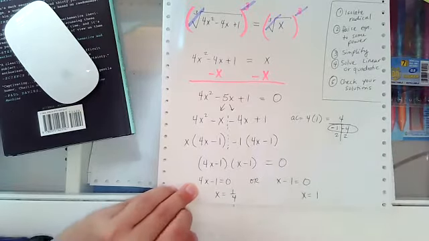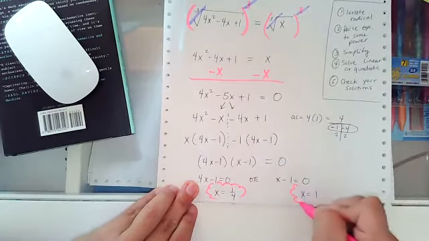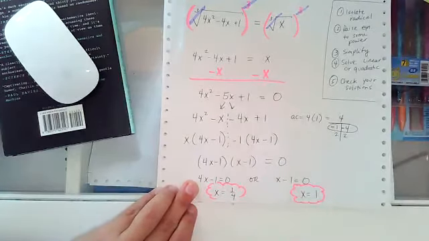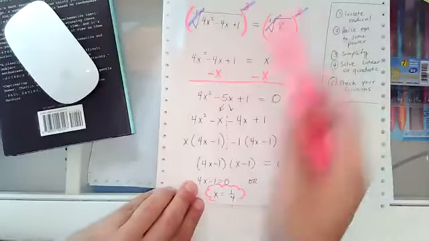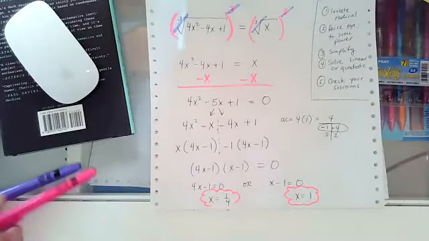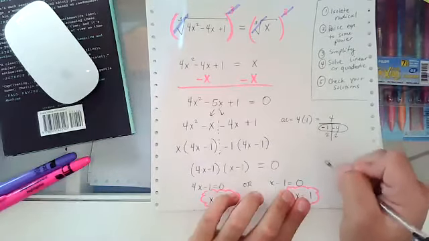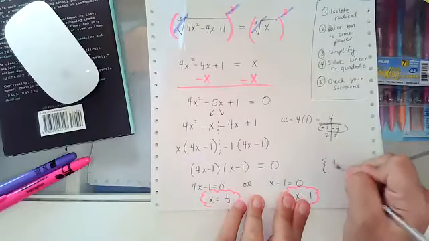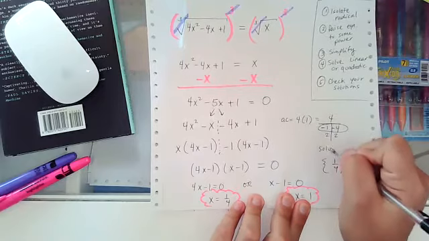So we just need to make sure that we check these solutions by plugging them back into the original equation. And I'll leave the checking to you at that point. It turns out that in this problem, both solutions are acceptable. So there's our solution set.